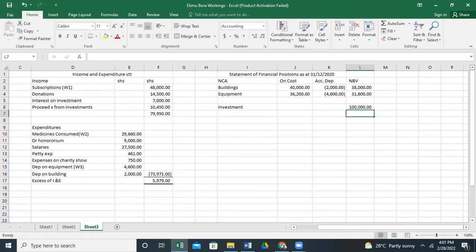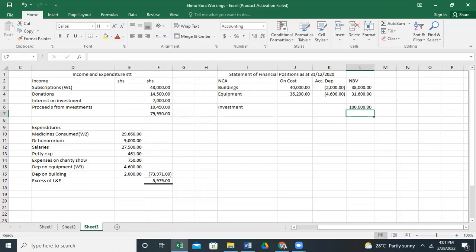Allow me to scroll this back. So those are the assets that we have. I'm trying to see whether I have any other assets in that category. So we don't have.